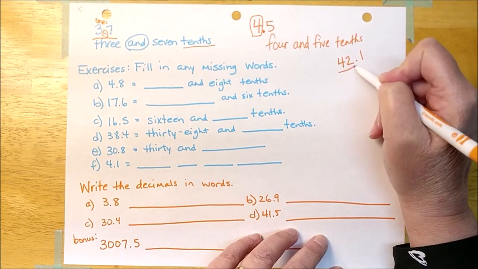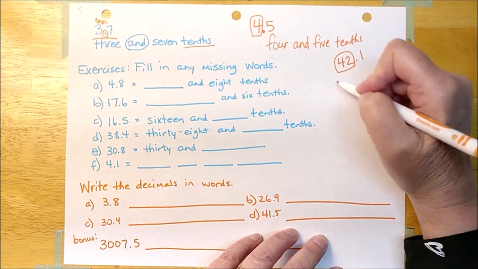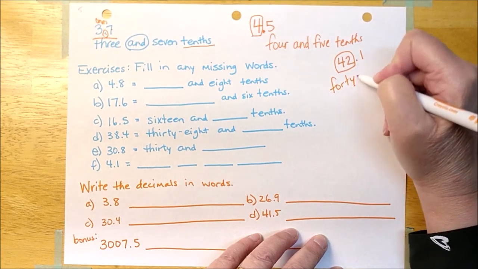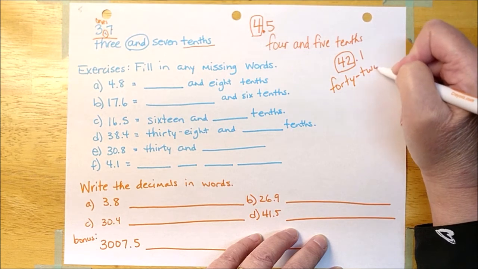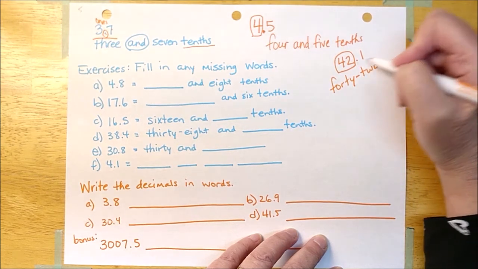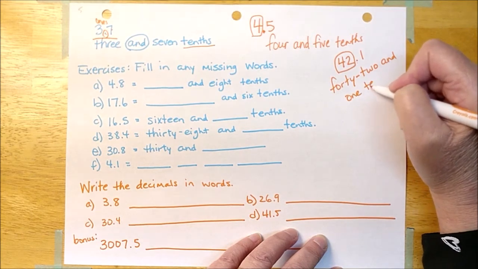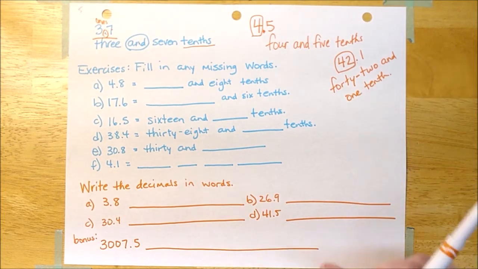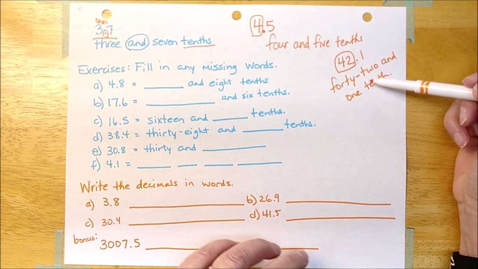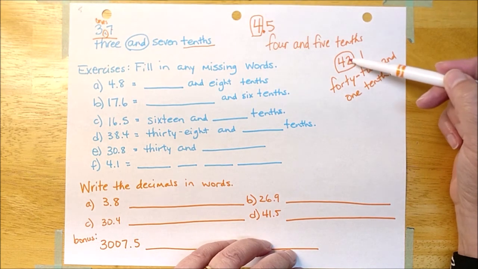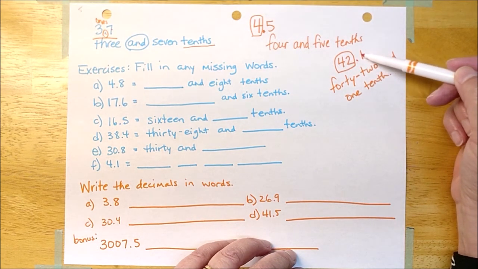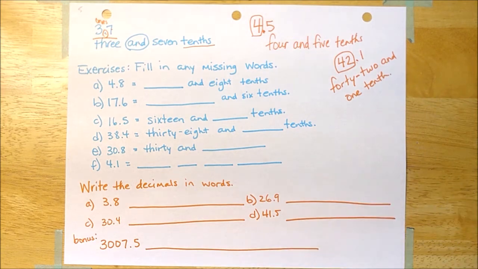So here's my whole number that says 42. So you're going to write 40. Remember when we learned about writing numbers, you need to put the hyphen in there. 42, then I get my decimal, and 1/10. So it's exactly, you say it exactly the same way as you write it. 42 and 1/10.